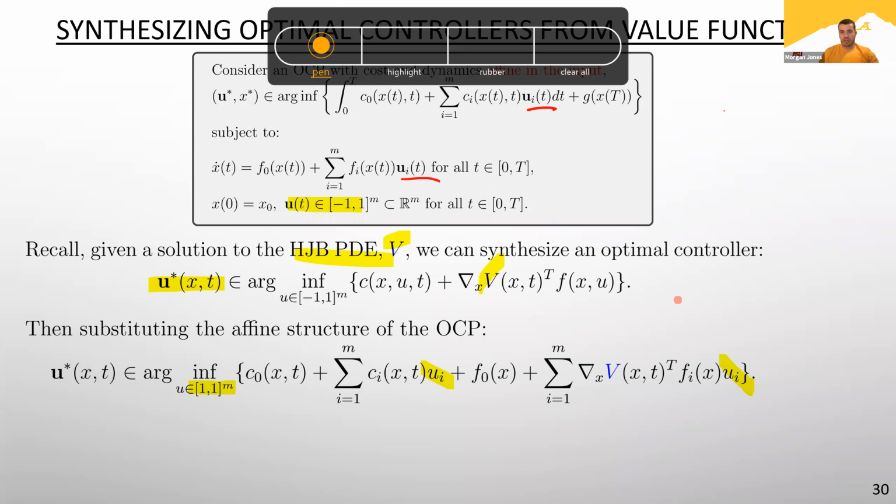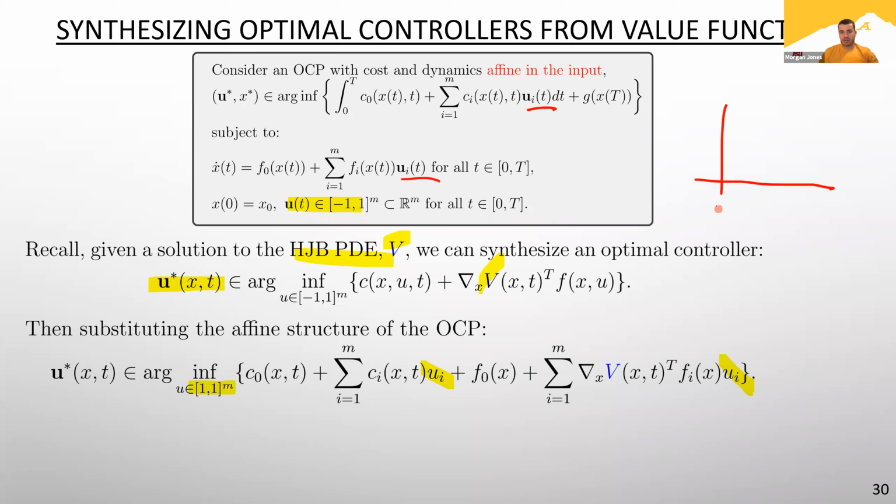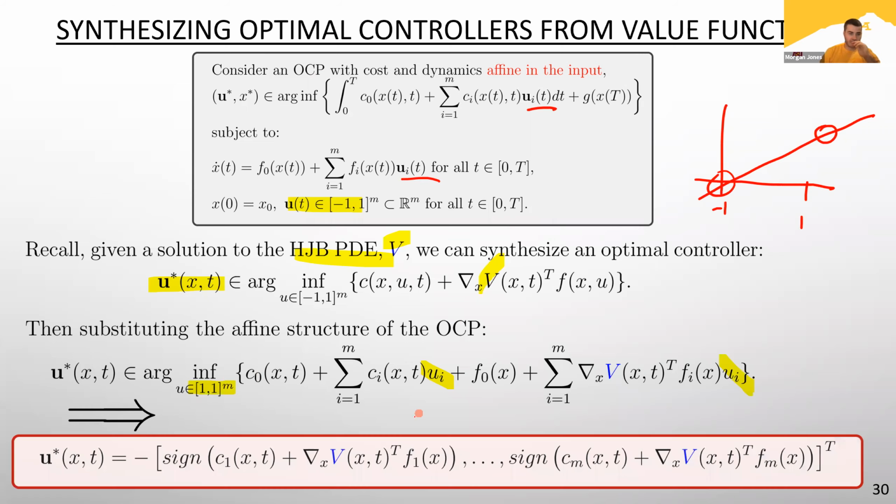Now, if you're optimizing a linear function from -1 to 1, then clearly the minimum will occur at the extreme points and never in the middle. So this intuition leads us to eliminate the infimum of this equation and get an analytical formula of this form.